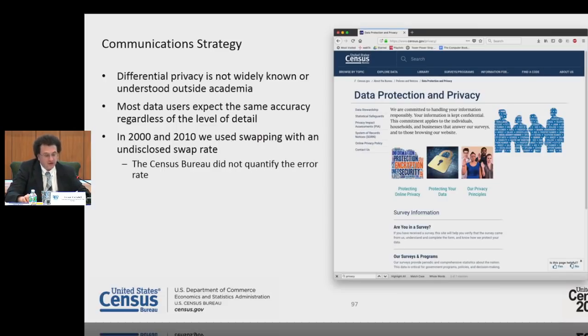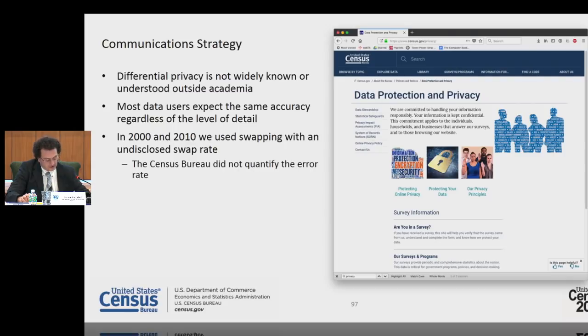We've had a lot of challenges in developing differential privacy for the Census Bureau. Differential privacy is not widely known or understood outside of academia, so we are engaged in a significant outreach effort. Second, most data users, including most internal Census Bureau data users, expect the same level of accuracy regardless of the level of detail.